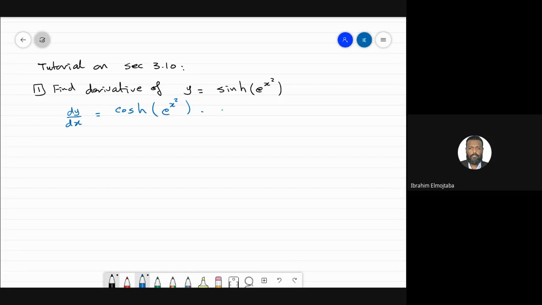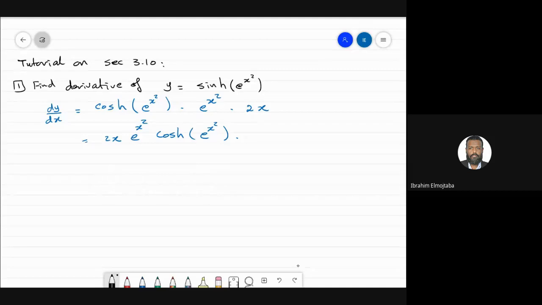So the derivative will be first e to the power x squared, and this is the derivative of e, then multiply by the derivative of the power, which is the derivative of x squared, which is 2x. Then dy over dx will be 2x e to the power x squared hyperbolic cosine e to the power x squared. This is the derivative. Okay.